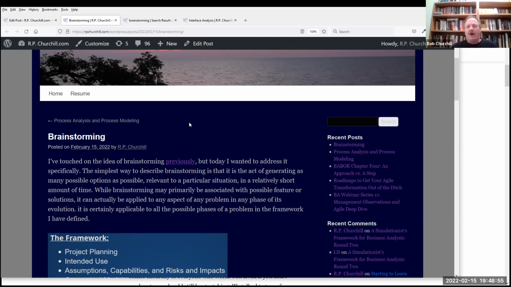What you're trying to accomplish with brainstorming in any instance is generating a lot of ideas, possibilities, combinations, and permutations in a relatively short period of time that address a given situation.